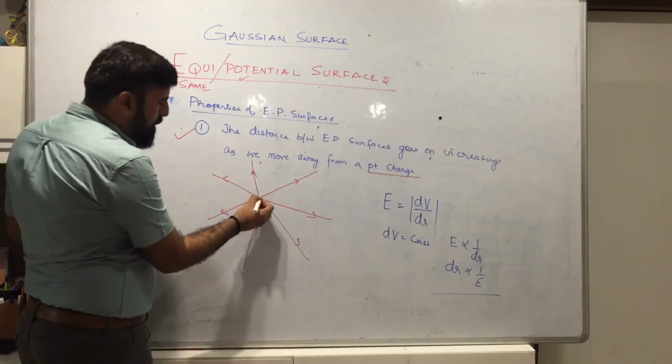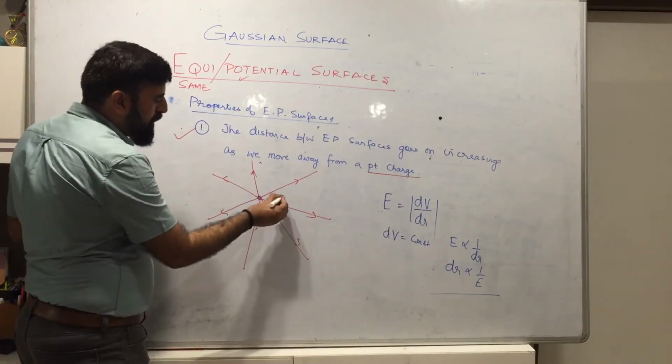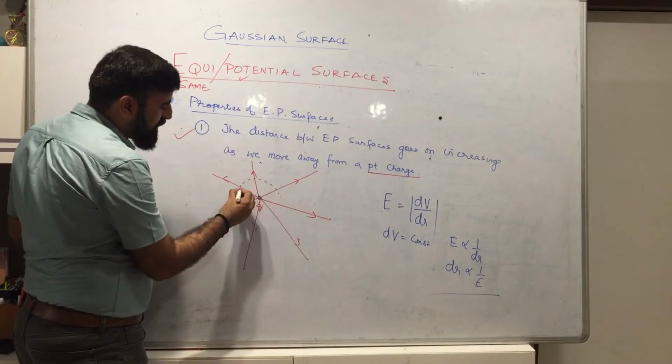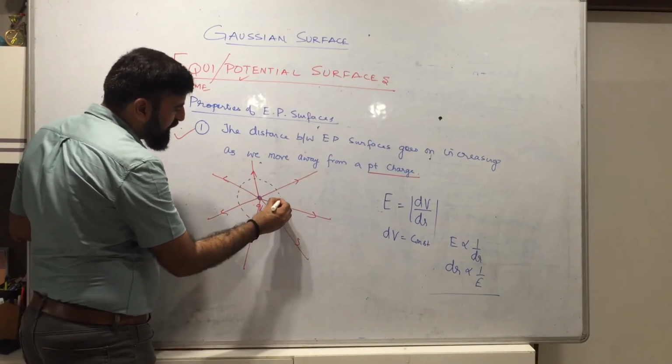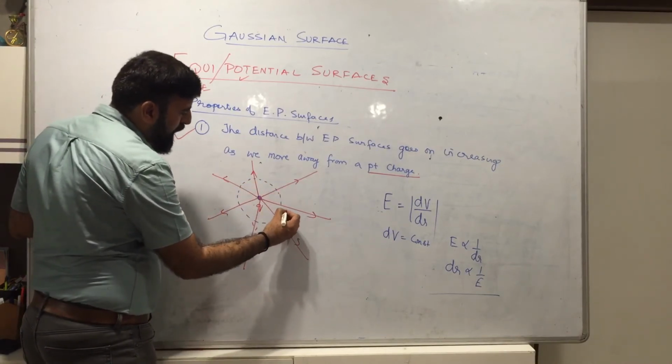Right? So when you take a point charge, let me draw the first EP surface. Let's say this is the first EP surface, EP1.